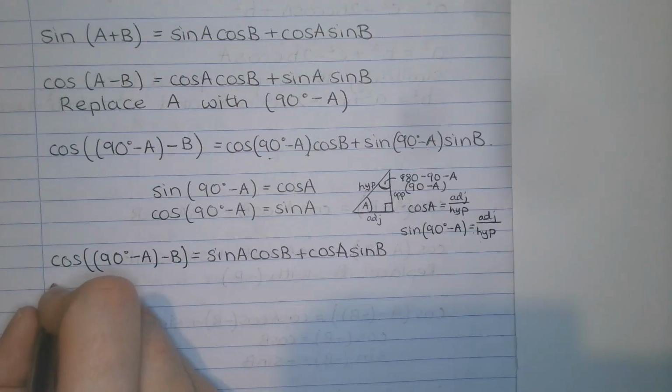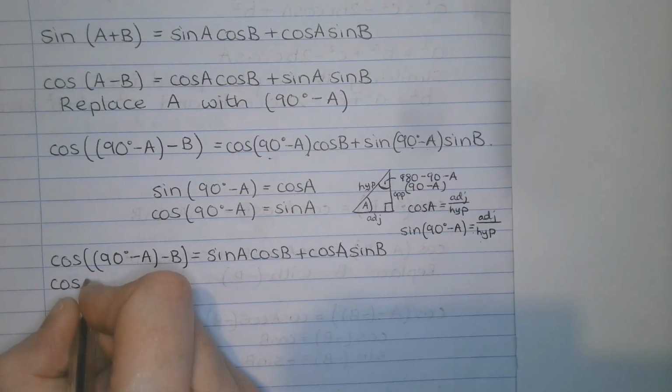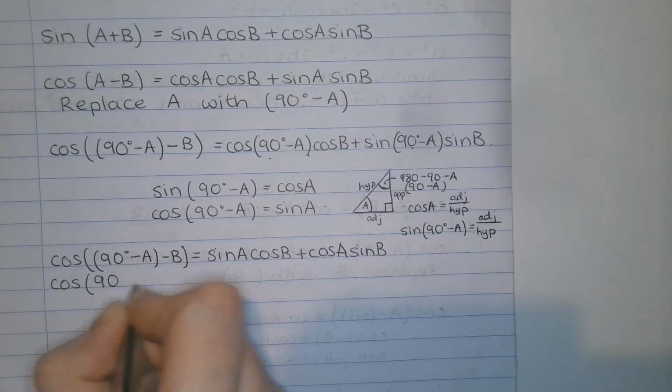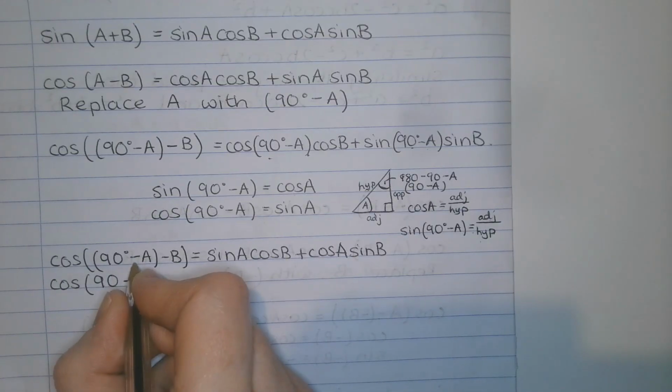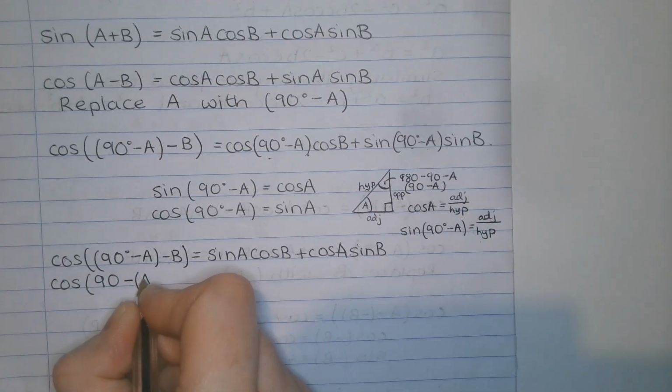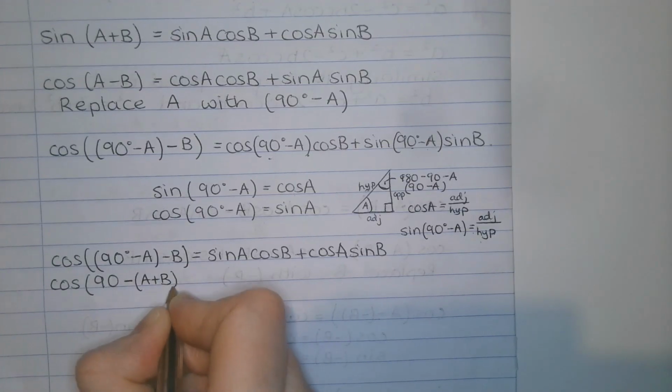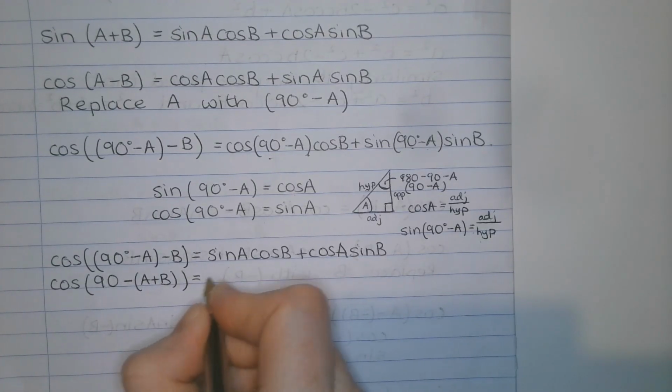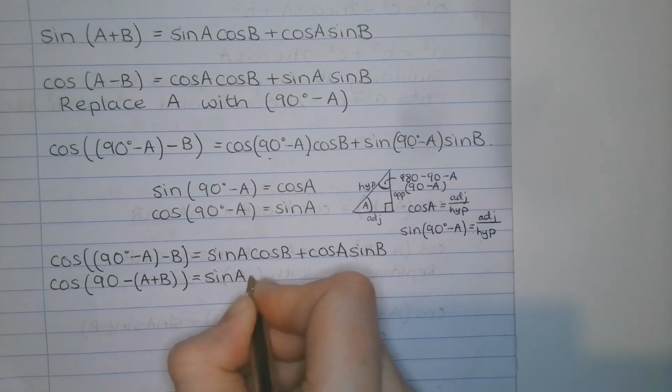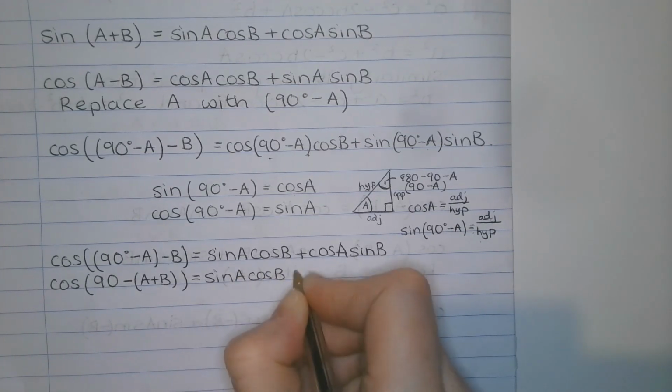Here, I'm going to rewrite that as the cos of 90 degrees minus, if I take the minus out here, A plus B. Just a slight rearrangement of what we have. That's equal to the right-hand side.